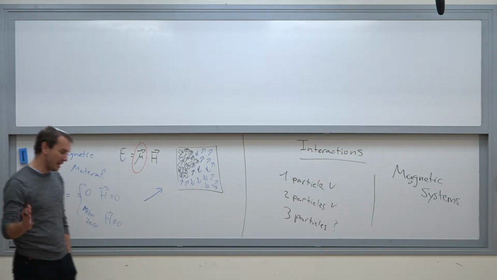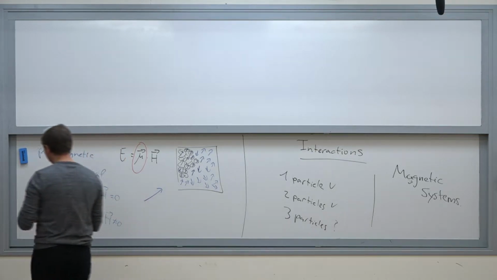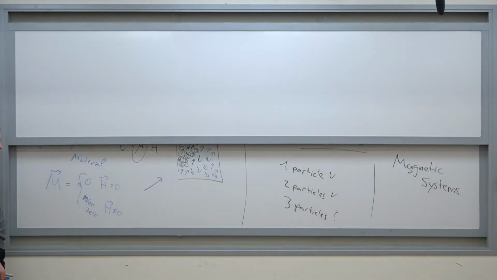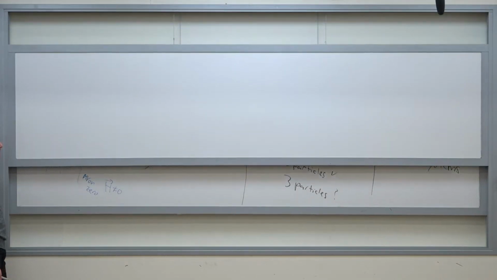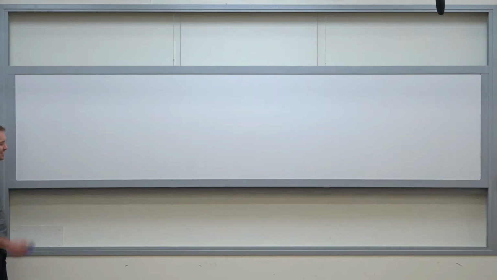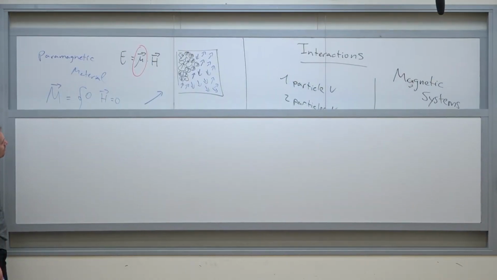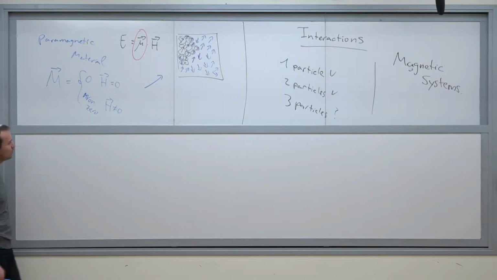So if we have an external field, the single spins would try to follow it. There is a preference for the single spin magnetization direction, and we obtain a total magnetization.